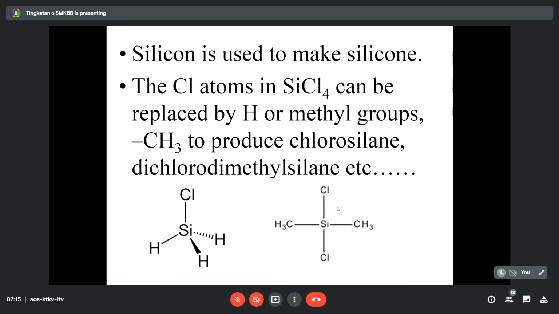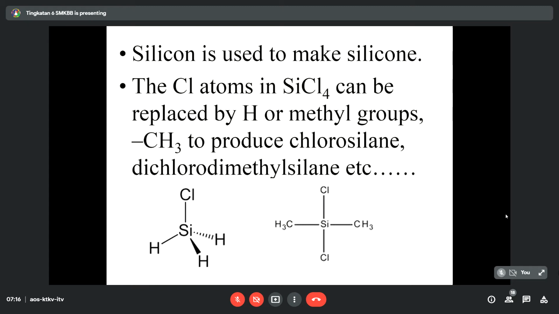So the first step, you let this one react with water. Hydrolysis, you let this one react with water. So when it reacts with water, what happens? The 2Cl would change to OH. Water, H2O, consists of hydrogen and hydroxide, H and OH. So the OH would replace the Cl here.